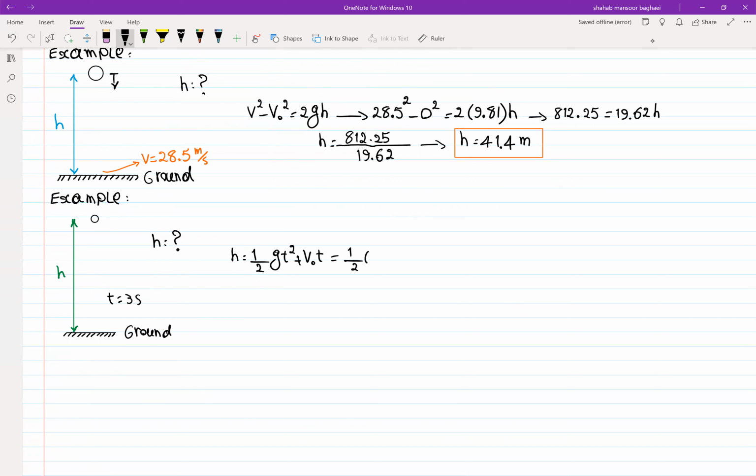This is half times 9.81 times t, the value 3 squared. And you know V0 is 0 here. It's half times 9.81 times 3 squared, that's 9. Therefore, you can find the height. It's 44.15 meters.